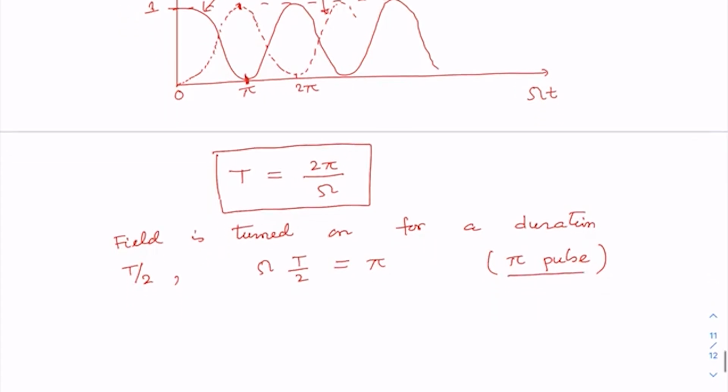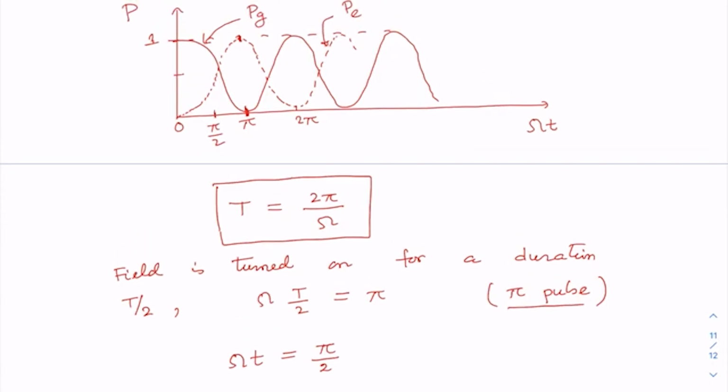On the other hand, if we have this product as pi by 2, if your omega t is equal to pi by 2, in that case this will refer to this particular point, pi by 2. Actually this is 0.5. I'm not drawing it appropriately, so this is the point here.